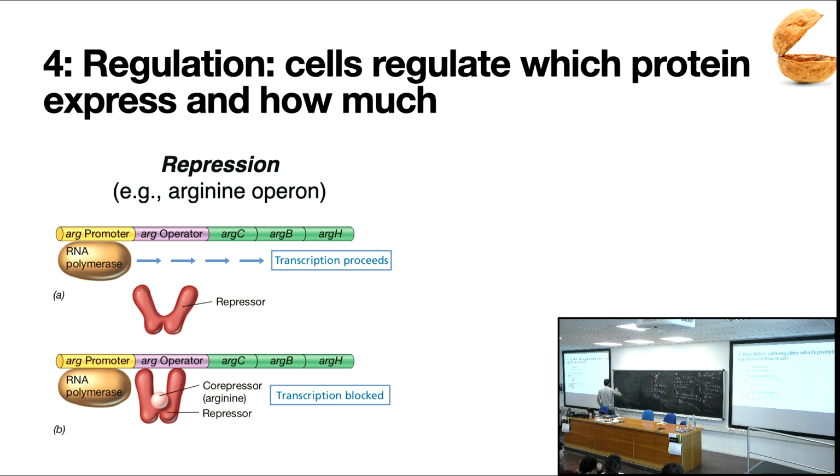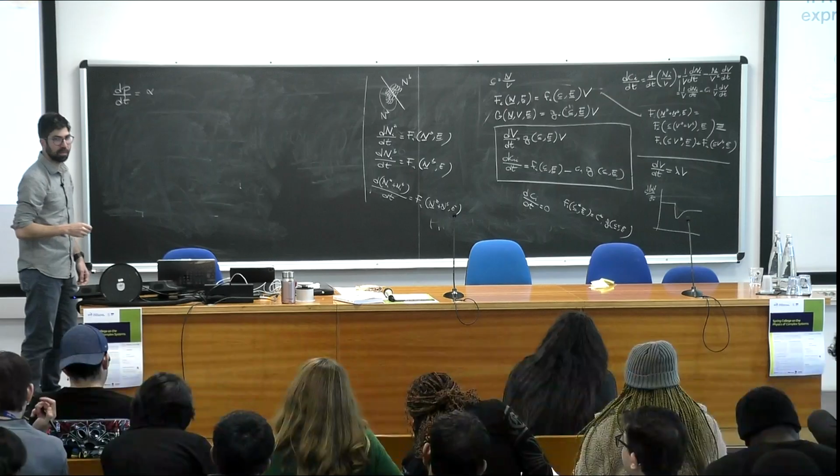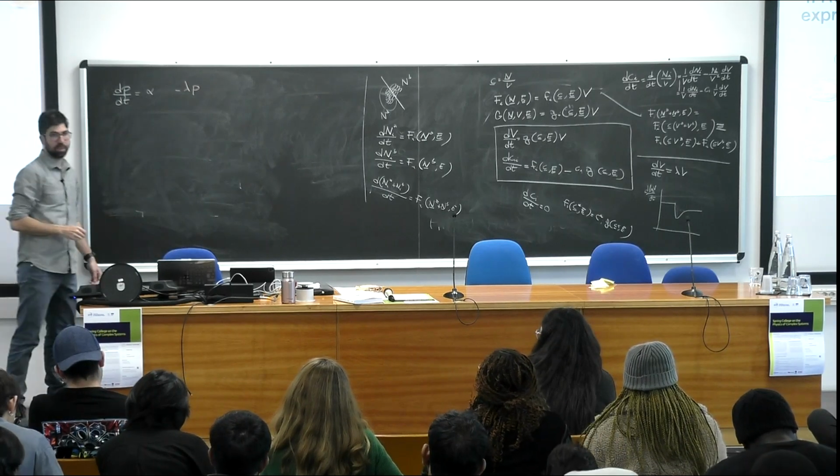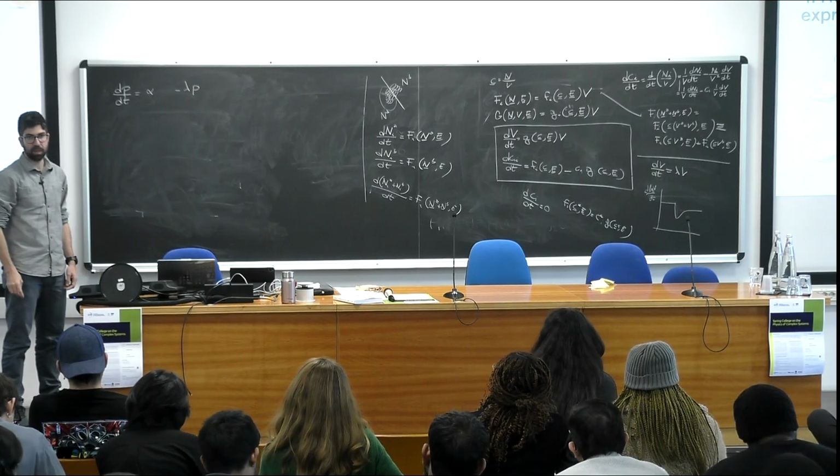So imagine that we want to write the dynamics for the concentration of P, and P is whatever protein is produced here, the protein that then allows the synthesis of arginine. In general, we can imagine that it is produced at some constant rate, the simplest case, and then it's diluted depending on growth.